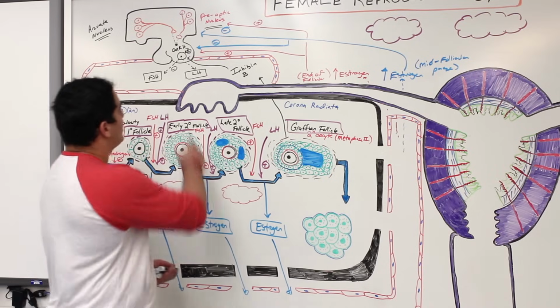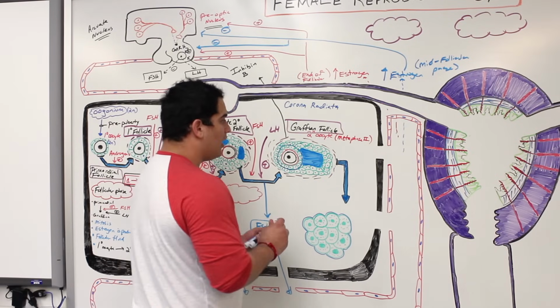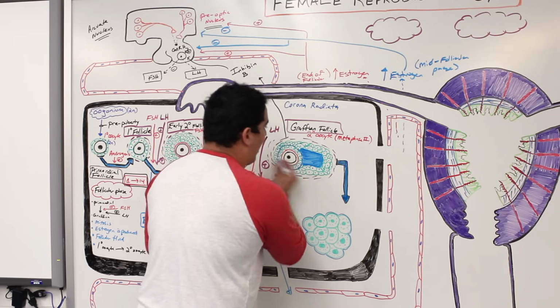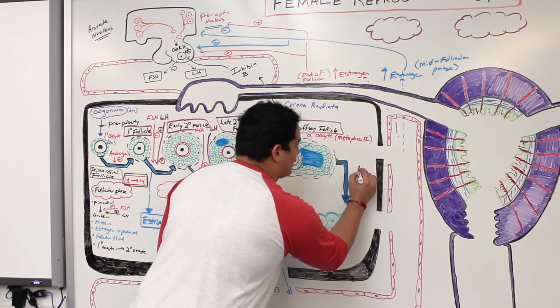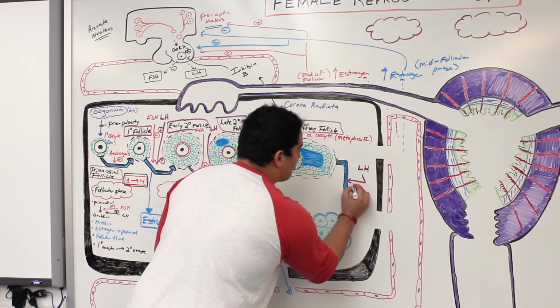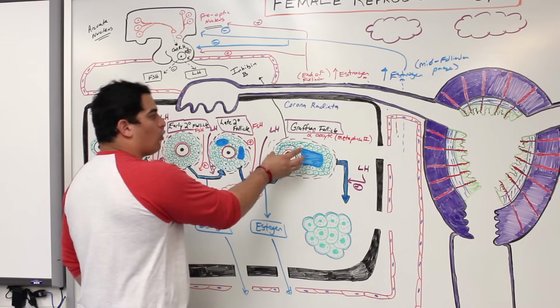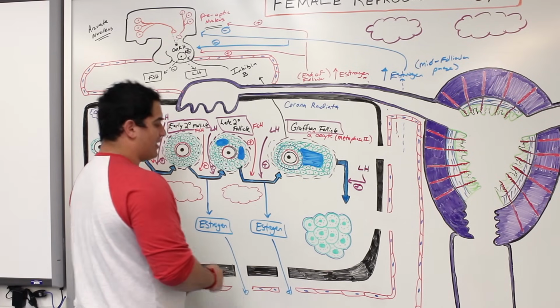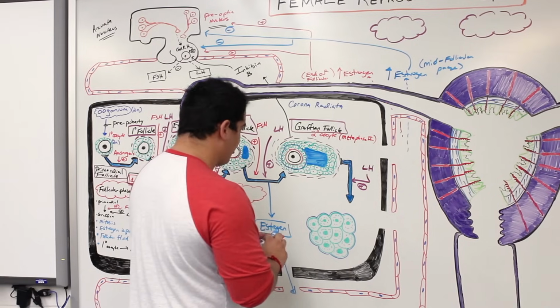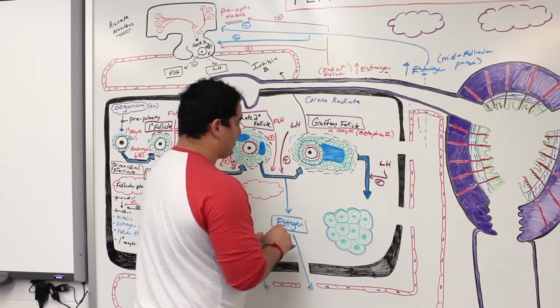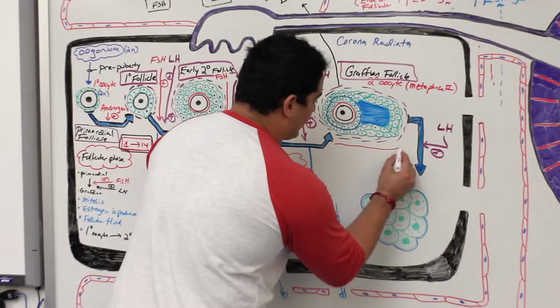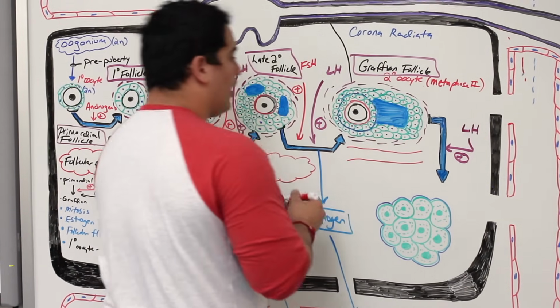Okay? Now look what this LH is going to do. This LH is actually going to come over here to the Graafian follicle, and it's going to work in this step primarily. Look what he does. It's actually really cool. Over here, you know there's blood vessels that are supplying this. So let's say I draw a tiny system of blood vessels right here.